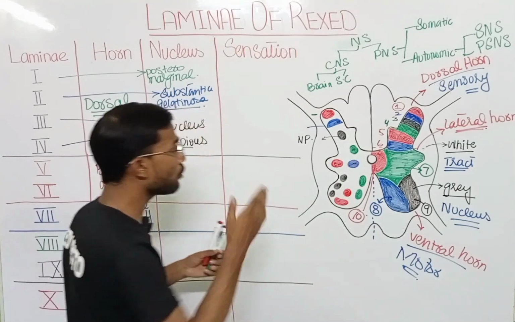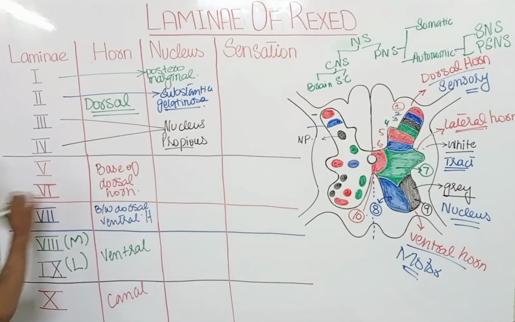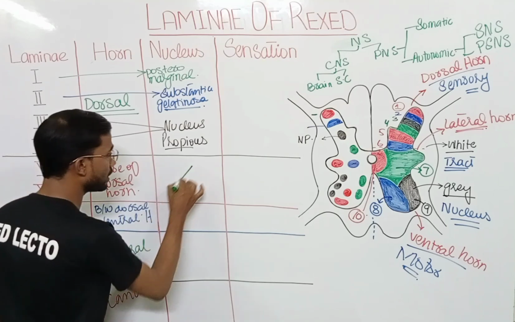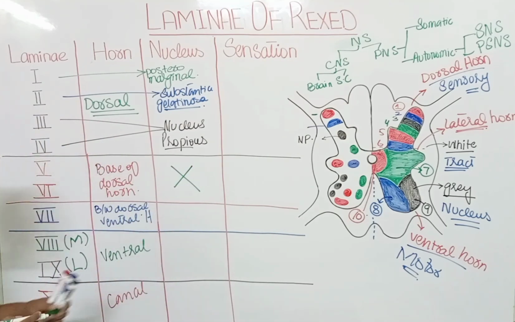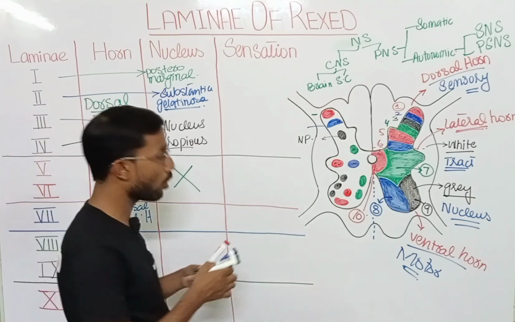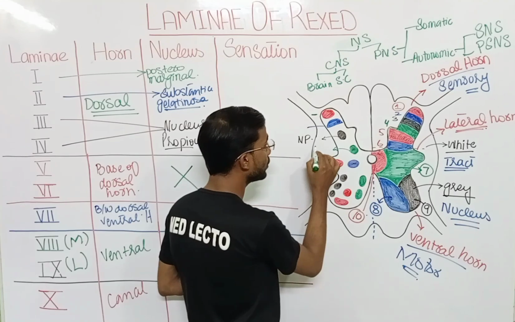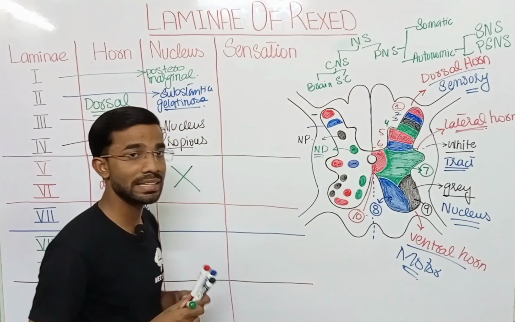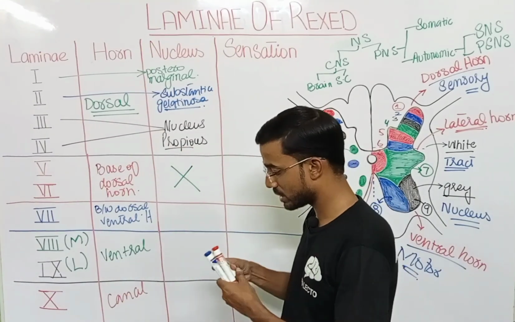Okay. If we move further, at the 5th and the 6th level, you will never see any nucleus. But at the 7th level, you will see the most important nucleus, and that is the nucleus dorsalis.